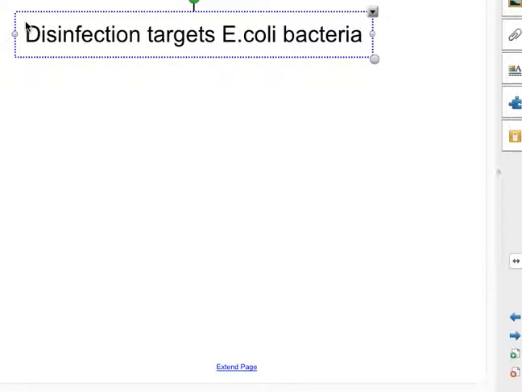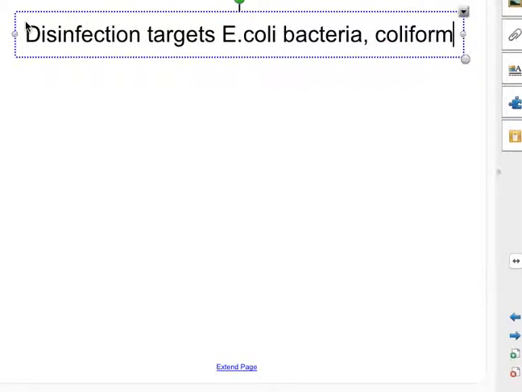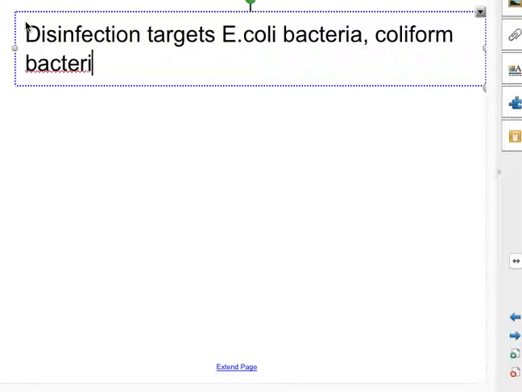So that would be one that we could mention. You could also just say coliform bacteria. Remember that E. coli are a type of coliform. Cholera is a waterborne pathogen. Viruses. Any of those would work.